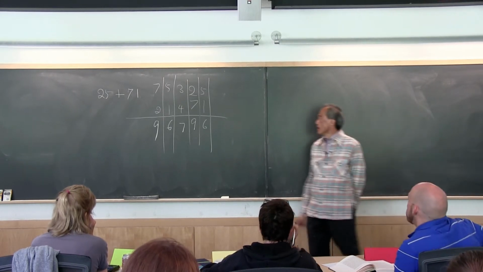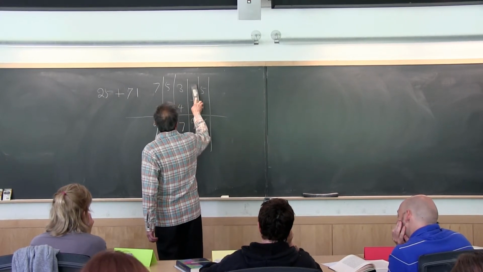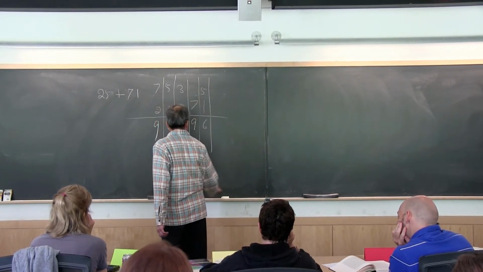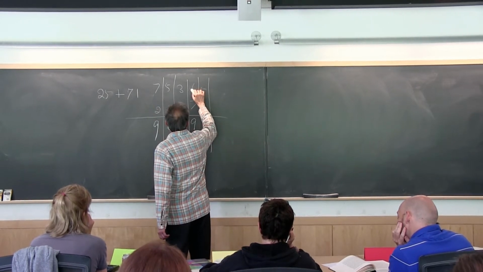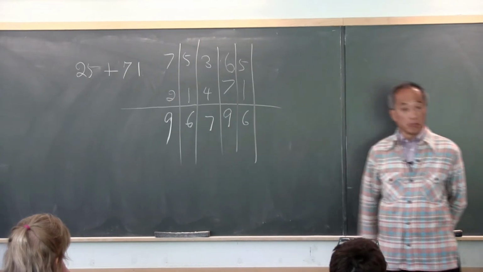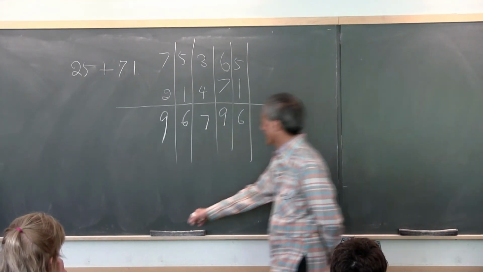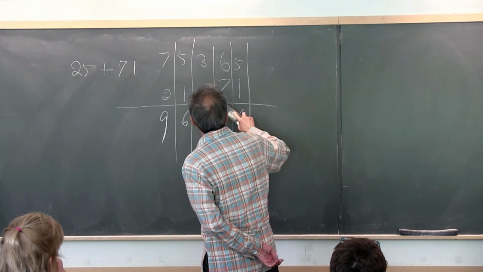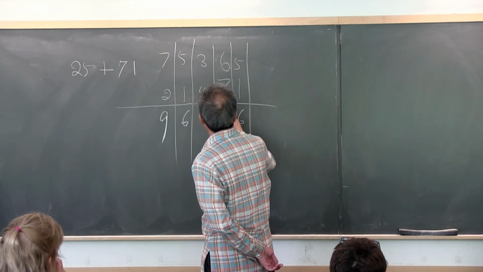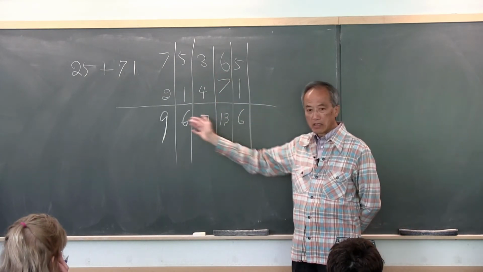For example, what if this is a 5? Suppose it were a 6. Then 7 plus 6 is 13, and then you cannot say 13, right? Because in a single digit operation, you maintain the number of digits.